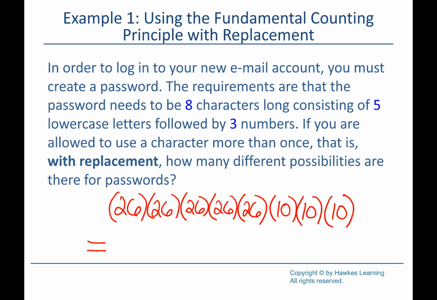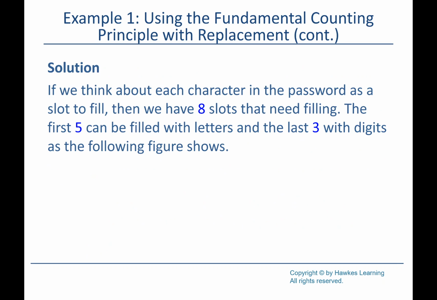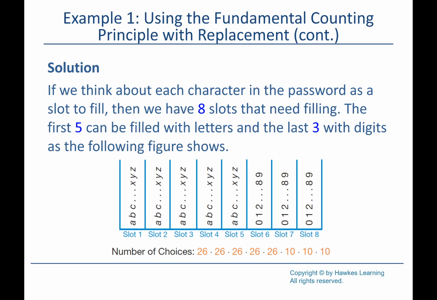We're going to get a big number here. Multiply all those together. Let's see if I left it in the slides. I didn't. Yeah, okay, good. I don't have to undo the scientific notation my calculator gives me. So here, we got 26 5 times and then 10 3 times.